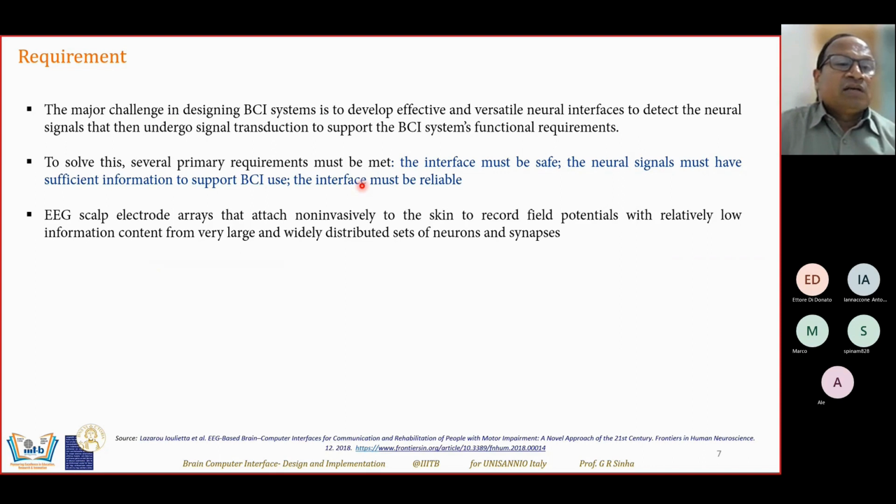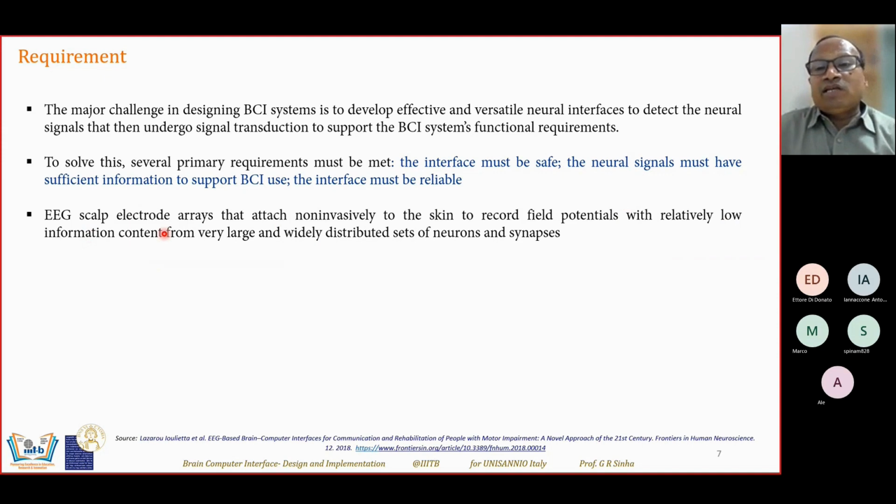These are the properties. EEG scalp electrode arrays. Now, what do we do in the recording of EEG? We use a cap, and that cap has a number of electrodes. So what do we say? Electrode arrays. They attach non-invasively to the skin to record. What do we record? The field potentials with relatively low information content.